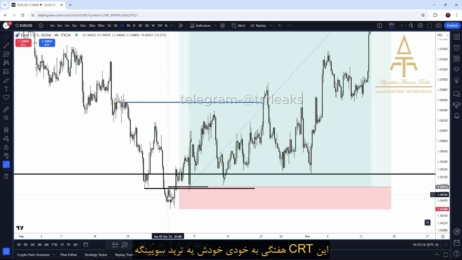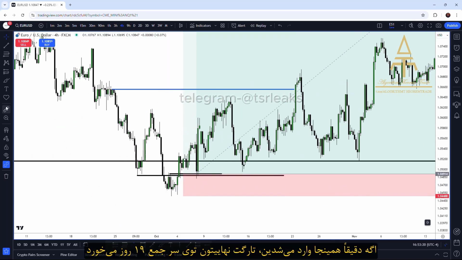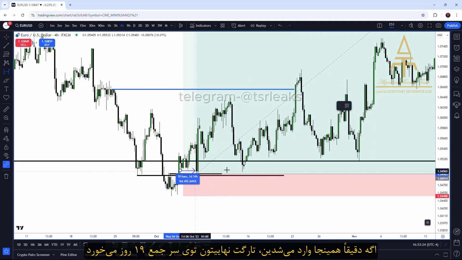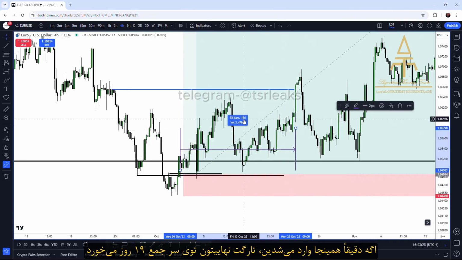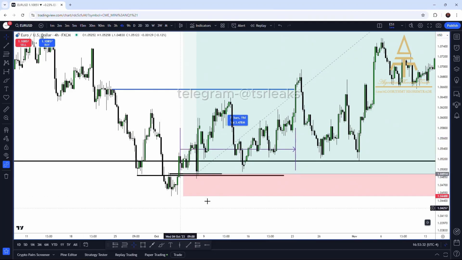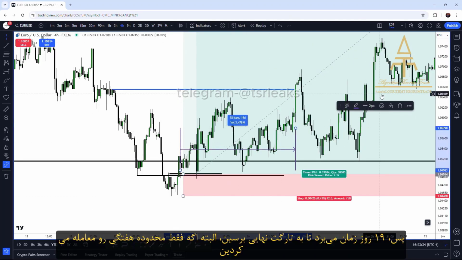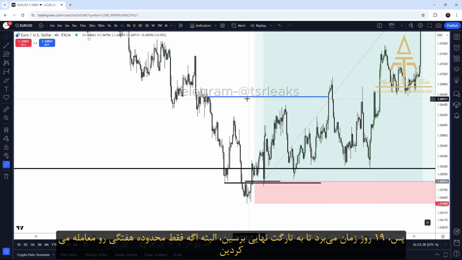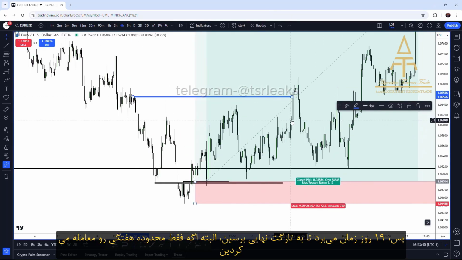This weekly CRT in itself is a swing trade. If you would have entered right here, your full take profits would have been hit in a total of 19 days.